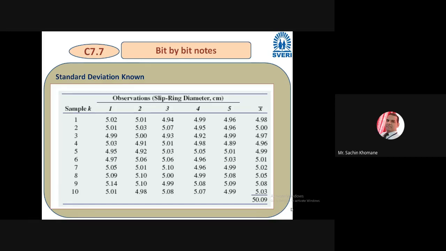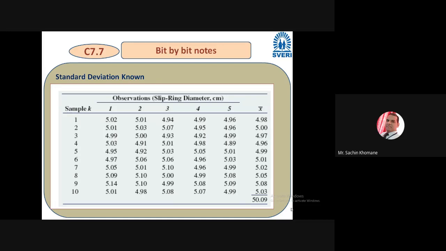So write these values. I hope you have written the example.